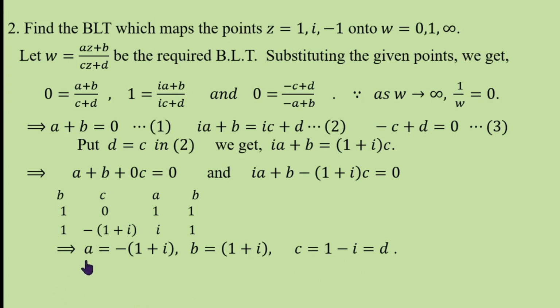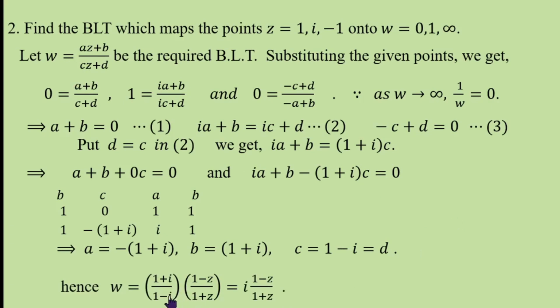Now, substituting these A, B, C and D values in W, you get the required bilinear transformation. Here, A and B are the same but with opposite sign. A is negative, B is positive. Therefore, from A and B, take 1 + i outside. So, it is (1 - Z) into (1 + i). In the denominator, C and D are equal. Take C outside. That is (1 - i) into (1 + Z).